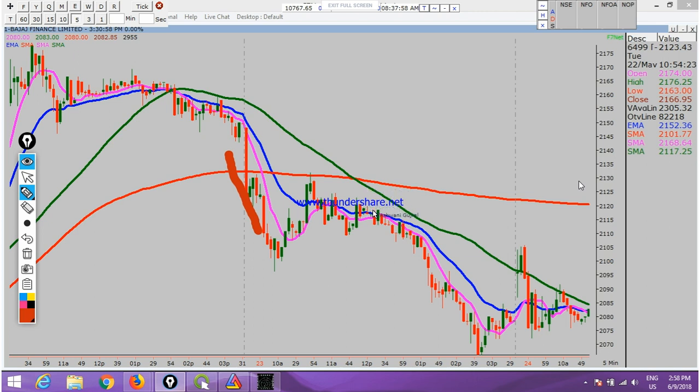So immediately what is the message? That 200 is a strong support and it starts to come off. So when it starts to come off, the message from the bears is that at 200, things are looking strong.